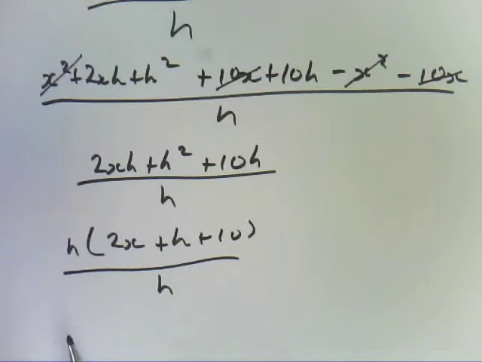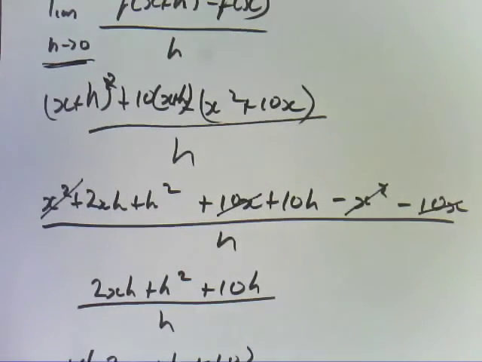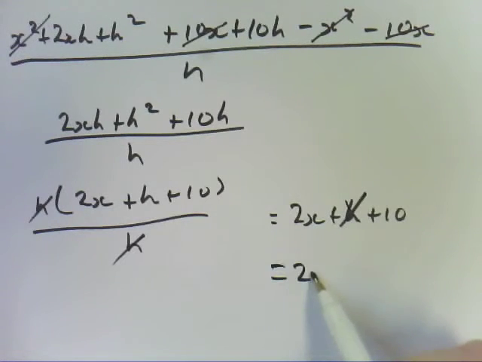So I take out a common factor of h on the top, then these two disappear. So, is that right? 2x plus h plus 10. Is that our final answer? What does h approach? So we can ignore h. So my final answer is 2x plus 10.